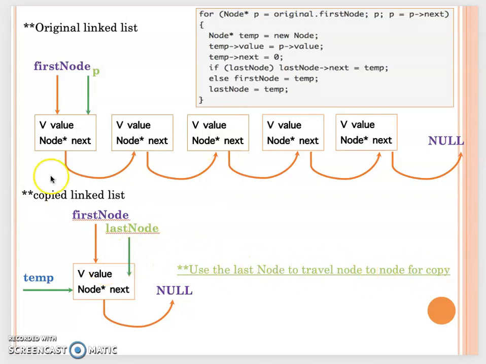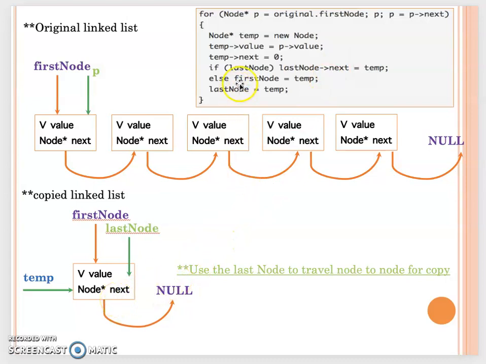When we have the first node copied, the last node will only point to the only node here. So when the last node equals 0, that means I have really the first object I want to copy. Then we make the last node next equal to temp.